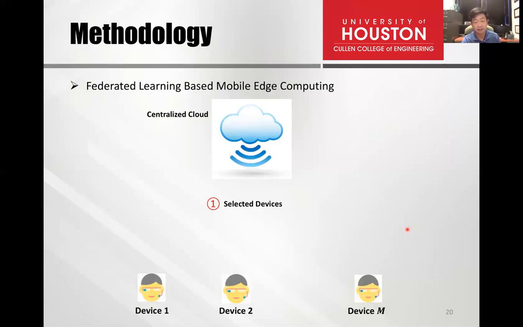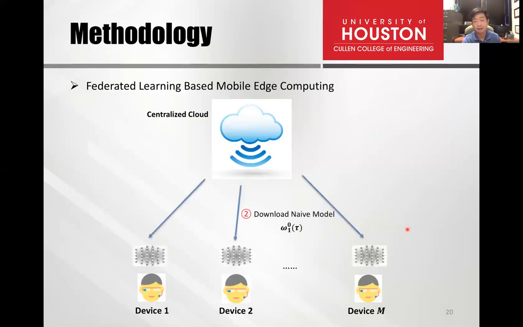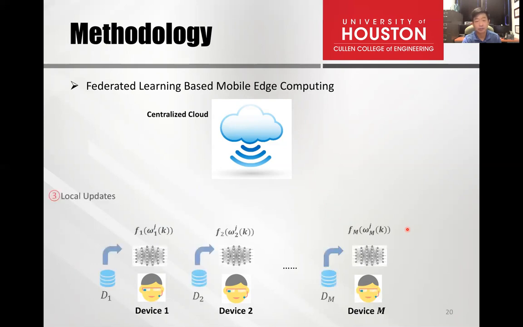And here, the first paper we have done is based on federated learning based mobile edge computing, and we used it for Toyota for AR, VR signals. There's a central cloud, and the different clients have different AR devices, and they download the initial model.